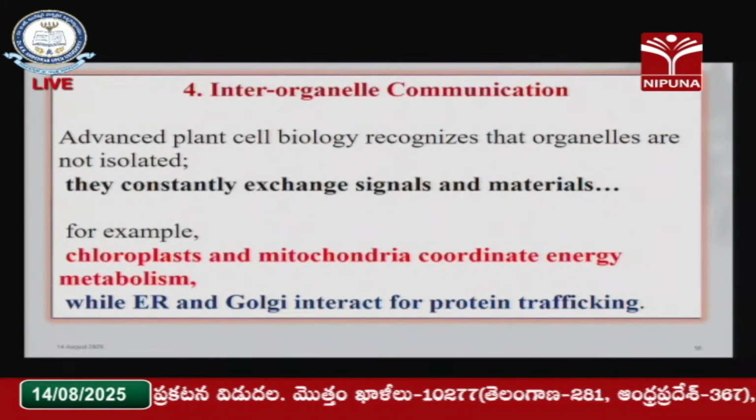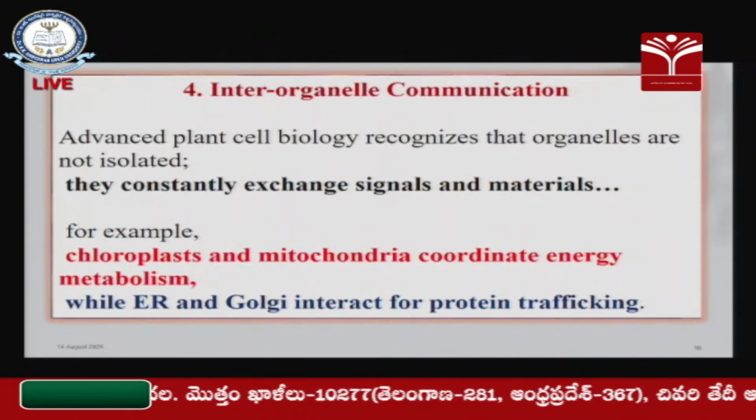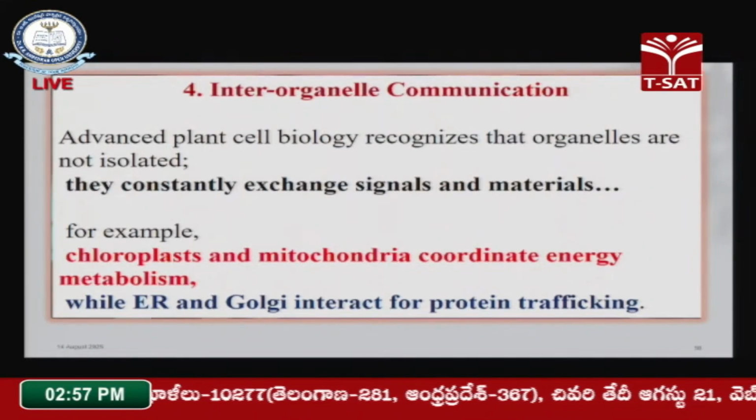The protein trafficking is controlled by the endoplasmic reticulum and Golgi apparatus. This is inter-organelle communication. Due to this, the biochemical functions, the secondary metabolites and all the molecular level functions go on continuously without any interruption.